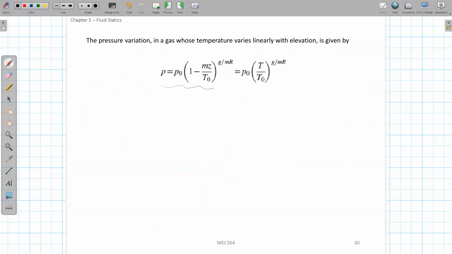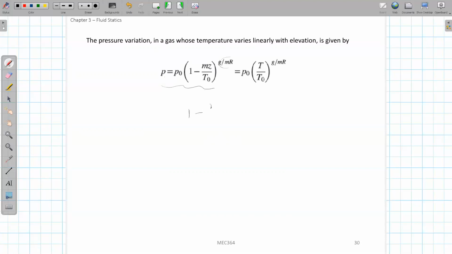Your pressure as a function of elevation for the atmospheric air will be equal to P0 times 1 minus mz divided by T0, with this exponential coefficient g over mR.